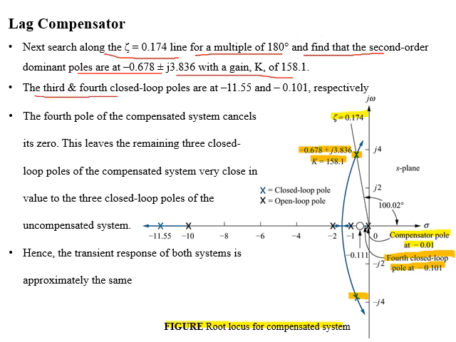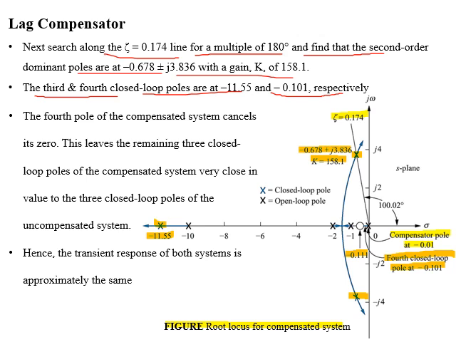The third pole of closed loop system is found at minus 11.55, which is far away from the dominant pair of poles, and the fourth pole is found at minus 0.101, which is near to the compensator zero at minus 0.111.